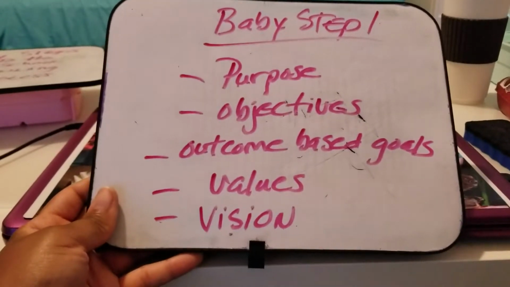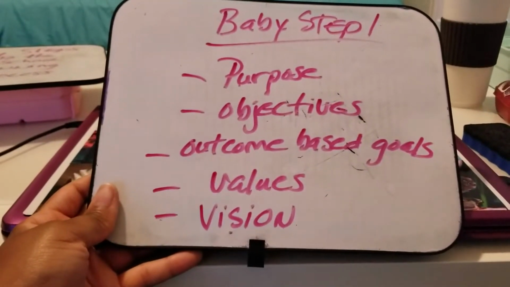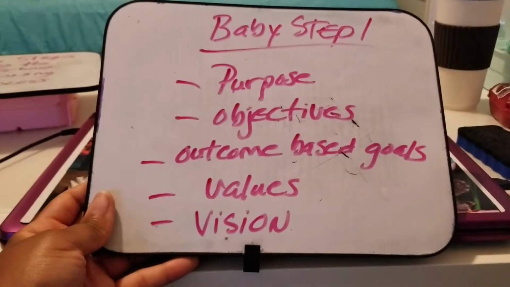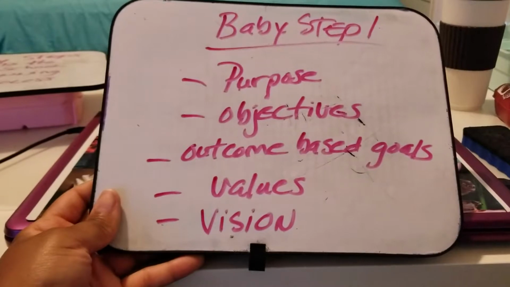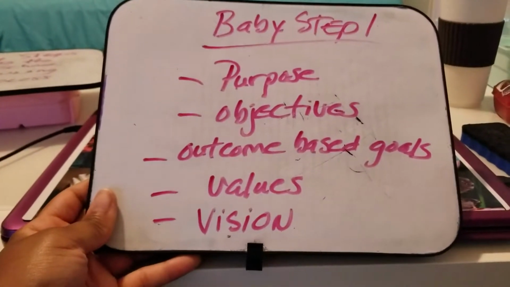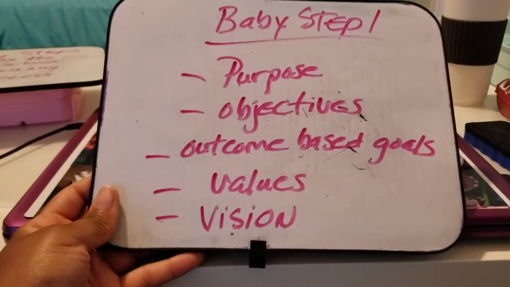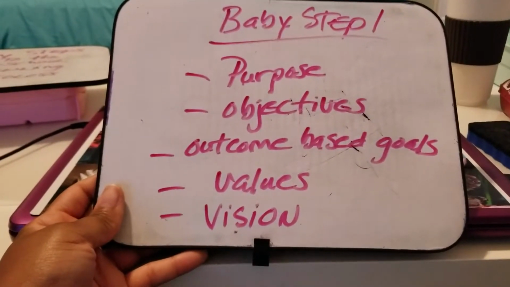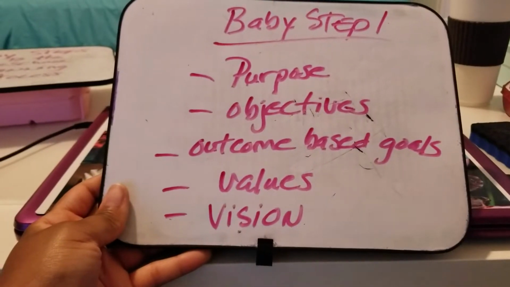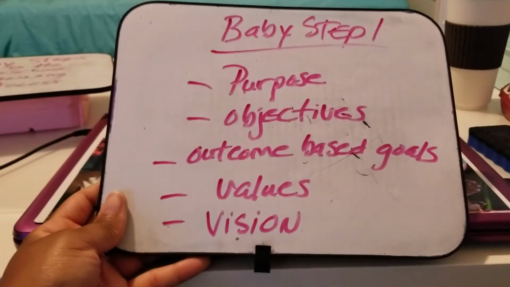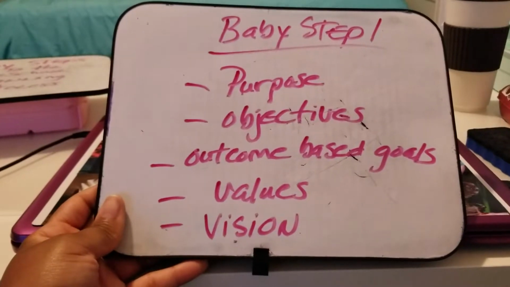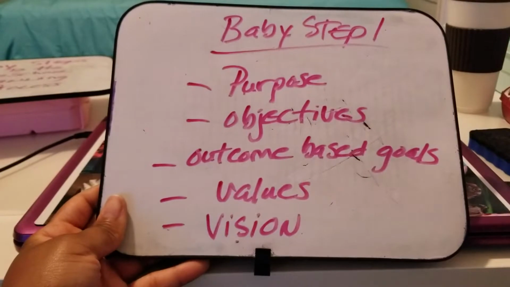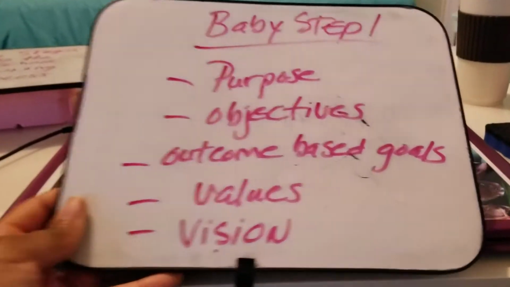And the reason why I think this is important is because everything you do from baby step 2 and on goes right back to this right here. You need to have a foundation. You need to understand the purpose of why you are going through this homeschool journey with your child or with your children. And as we talk about some of the other baby steps, you'll understand why this is so important.